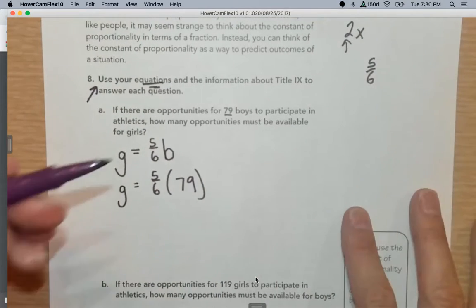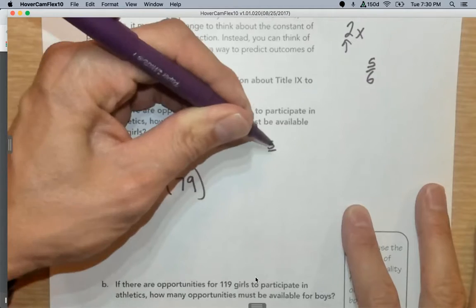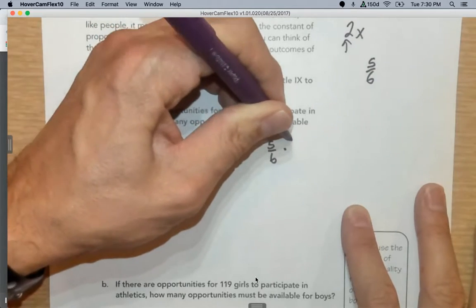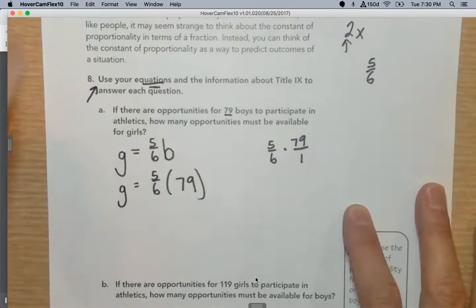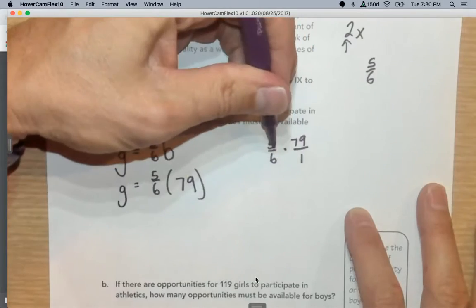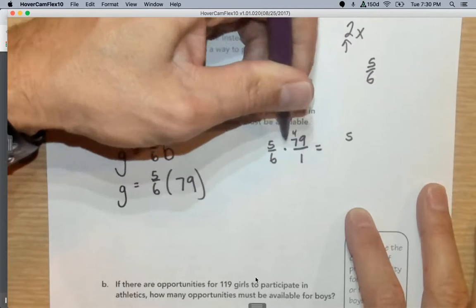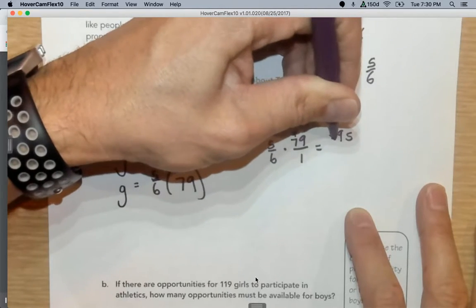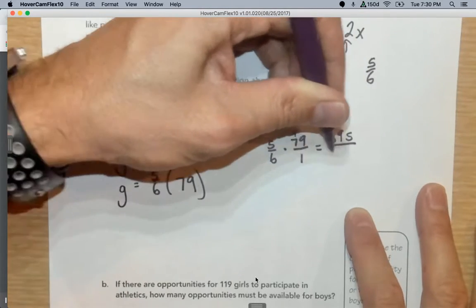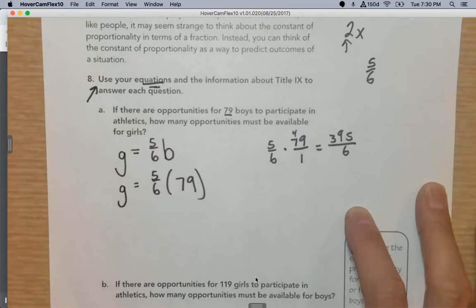Now, when I take a fraction times a number, I can write the number as a fraction by putting it over 1. Then 5 times 79 is going to be 395. 6 times 1 is going to be 6. A fraction is a division.